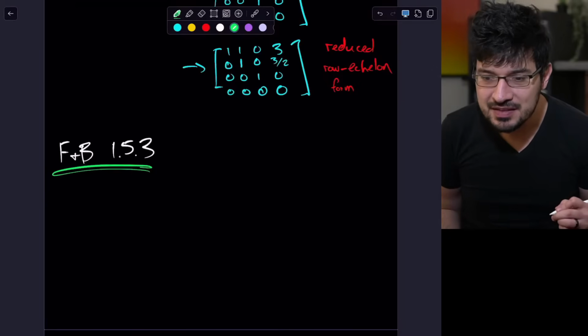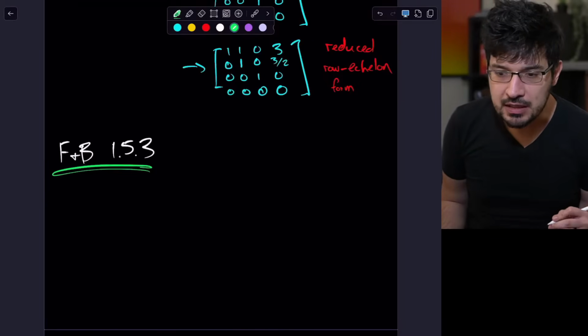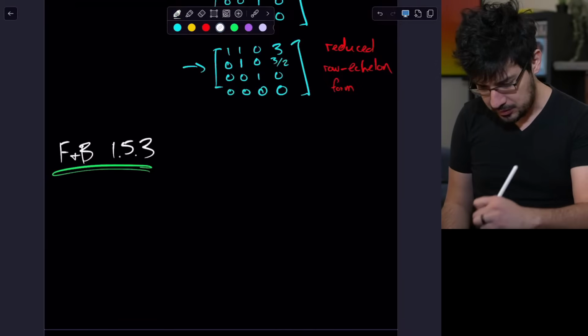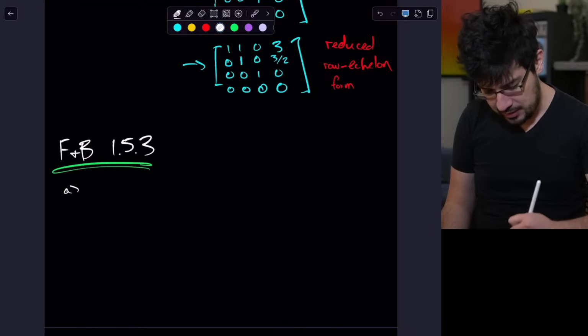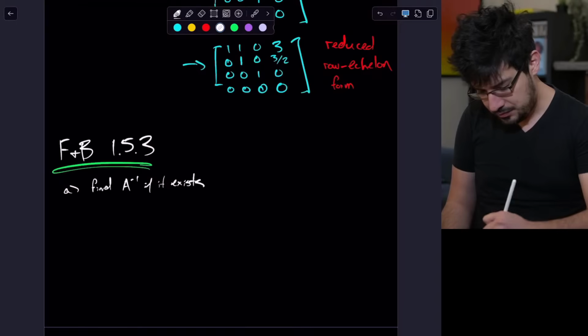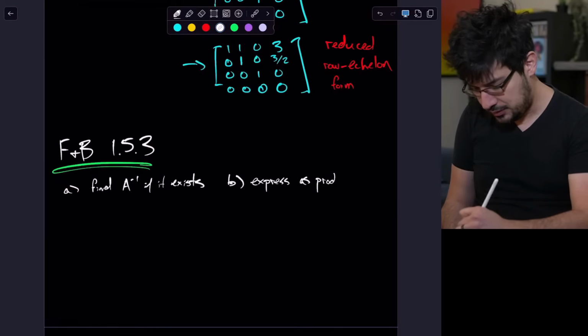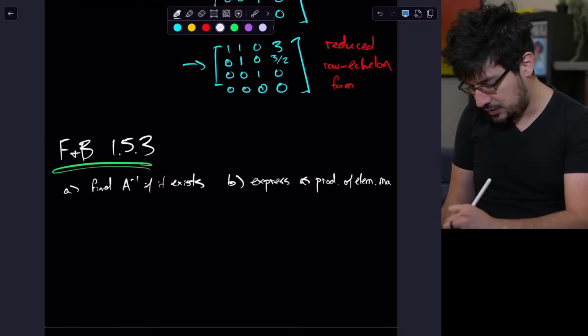What's up? All right, in problem 1.5.3, I remember this one. It says: A, find A inverse if it exists. B, express as a product of elementary matrices.